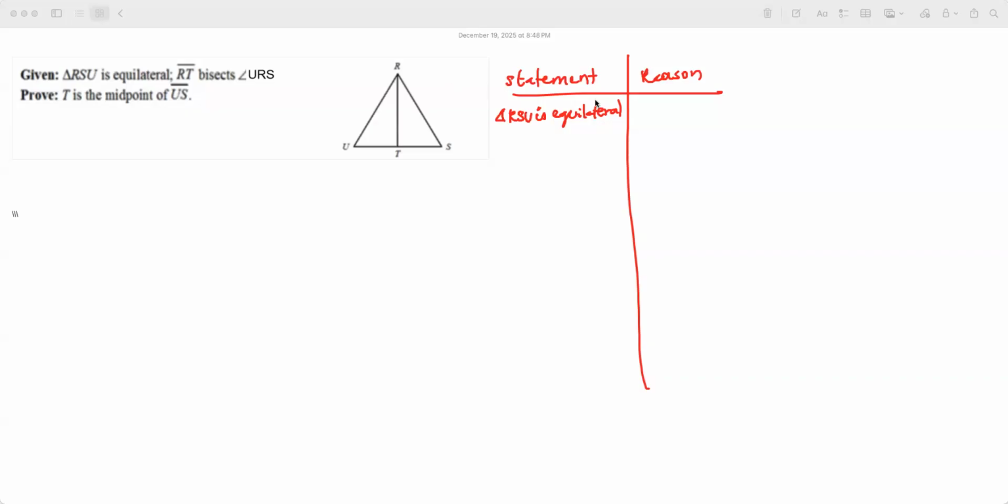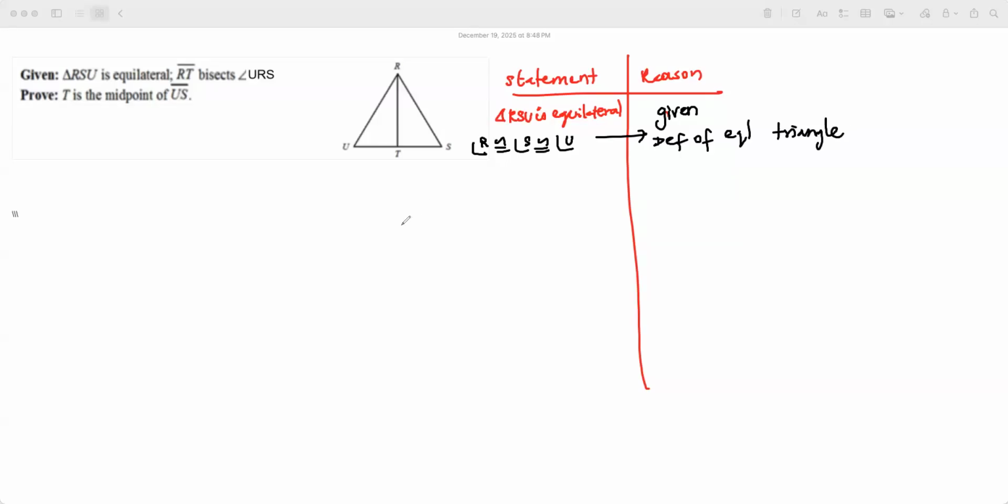Okay, given. Then what? Angle R is congruent to angle S, which is congruent to angle U. Oh, okay. Angle R is congruent to angle S is congruent to angle U. Definition of equilateral triangle.